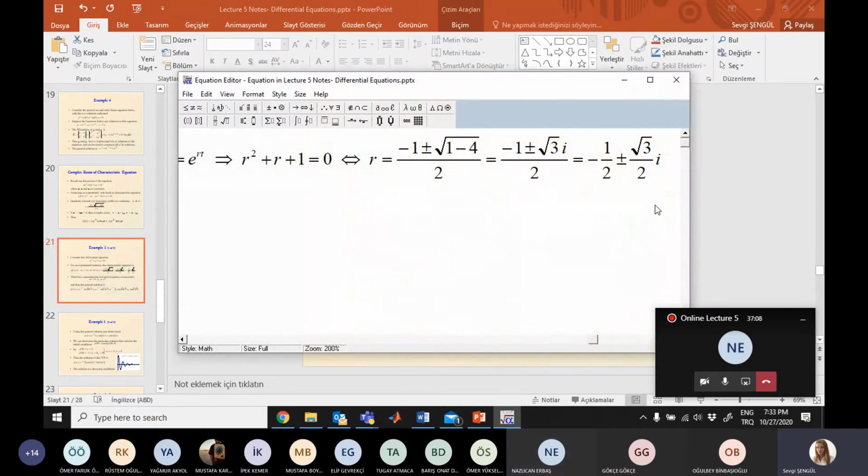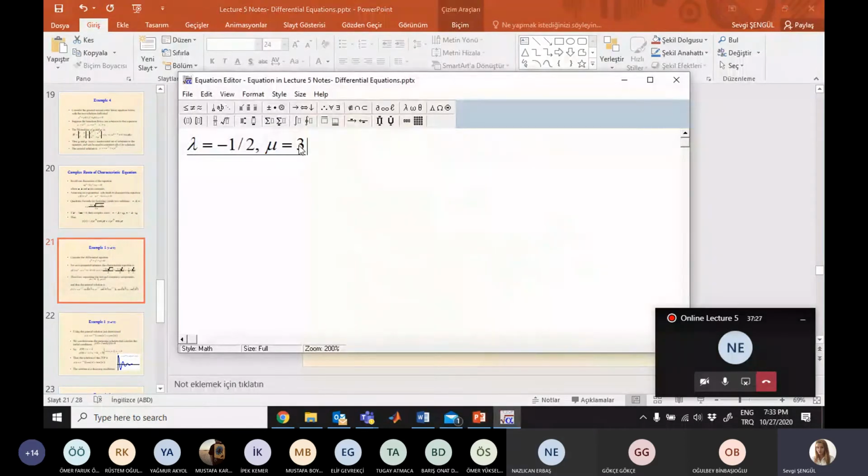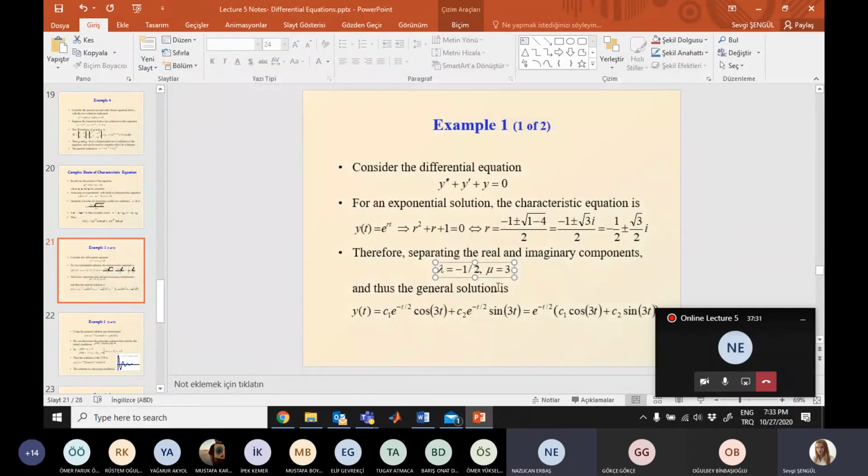Yeah, it should be square root of 3. This is just a mistake. You can just put the square root of 3. I will update it, okay? Okay, thank you.